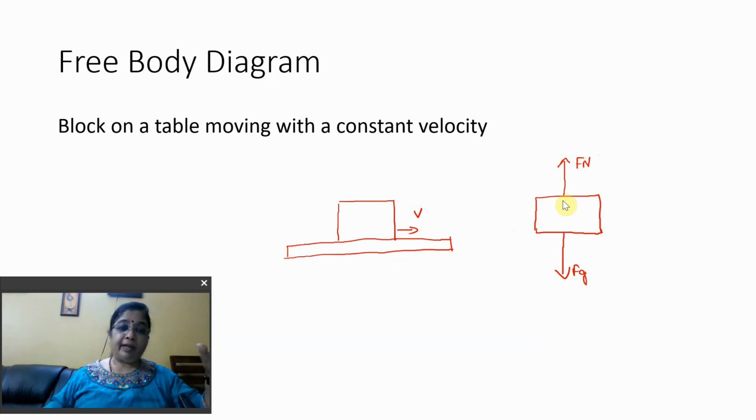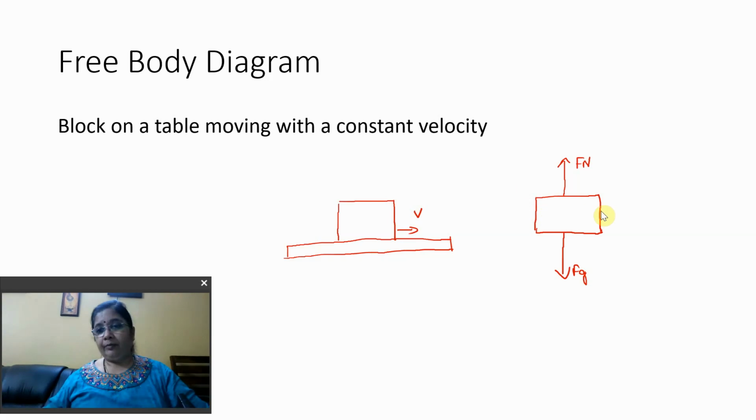There is no applied force, but this body moving with a constant velocity is not gathering speed because of the frictional force offered by the surface. The block is moving in this direction with a constant velocity, so the frictional force acts in the opposite direction to balance this.